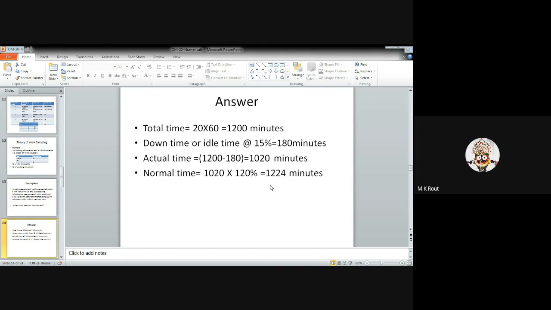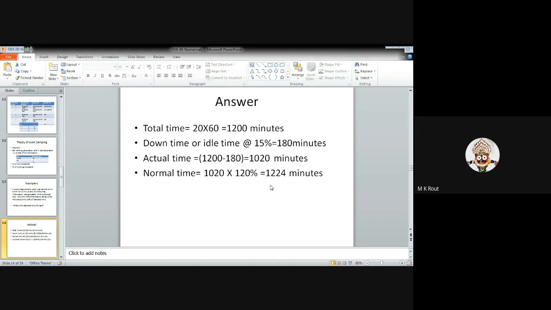Next you are going to calculate the normal time. In the previous formula, which is not basically used in this type of problem, the normal time is total time into percentage of working into performance rating divided by number of acceptable units produced.